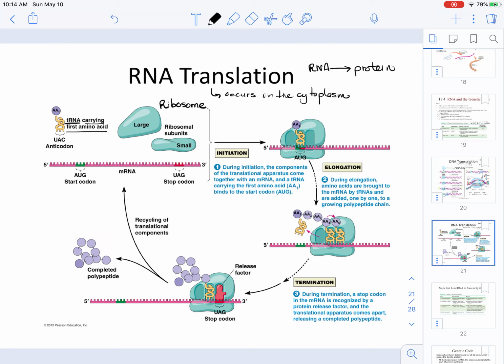And this ribosome has a large subunit and a small subunit. In addition to that, we need the mRNA, the messenger RNA that was made in transcription.